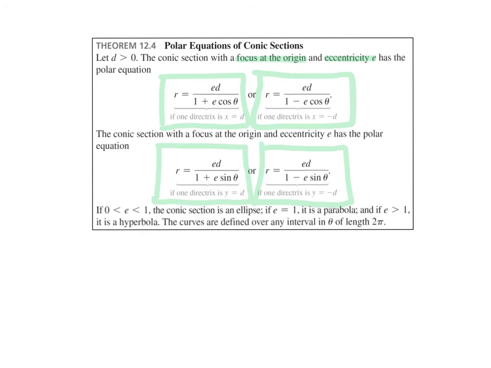It's going to be a horizontal line, and it's either going to be d or negative d. Again, just a reminder, if the eccentricity is between 0 and 1, the conic section is an ellipse. If it's 1, it's a parabola. If it's greater than 1, it's a hyperbola.